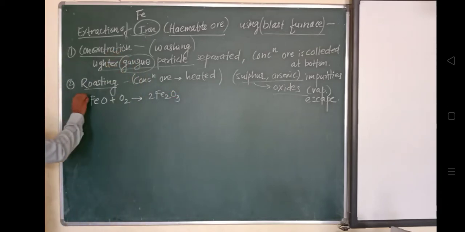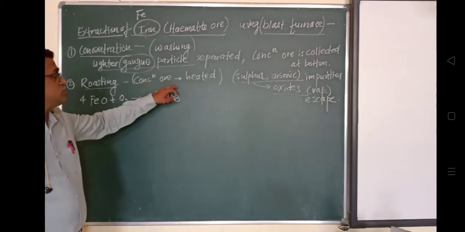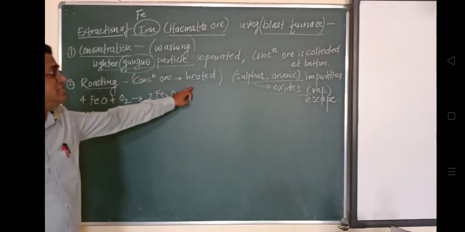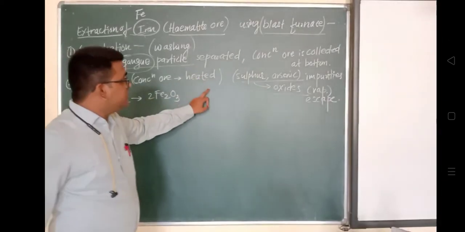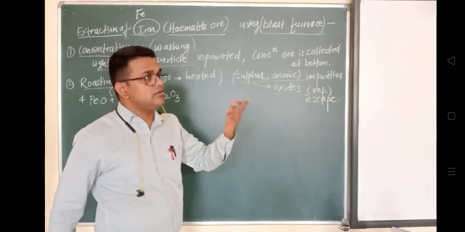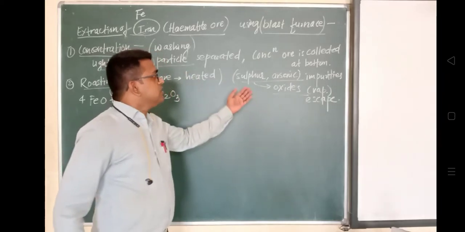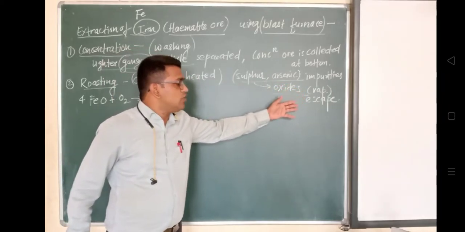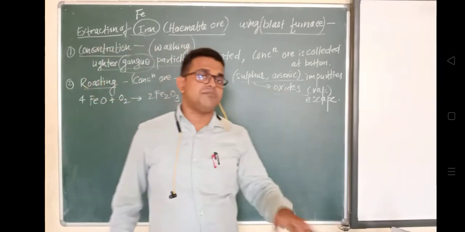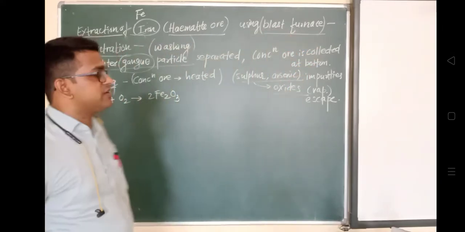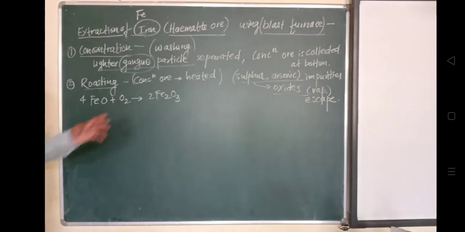This is called the roasting method. The concentrated ore obtained in the very first step is heated, and due to heating, minor impurities like sulfur and arsenic get converted into oxides and escape from the furnace in the form of vapor. In this way we get ferric oxide.